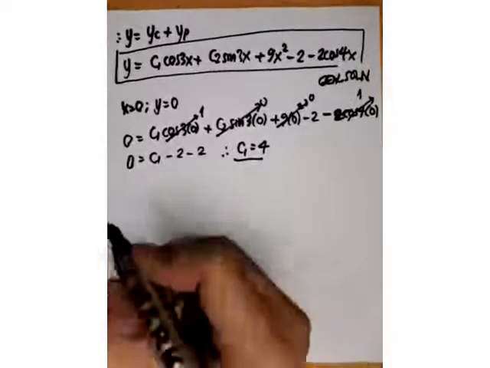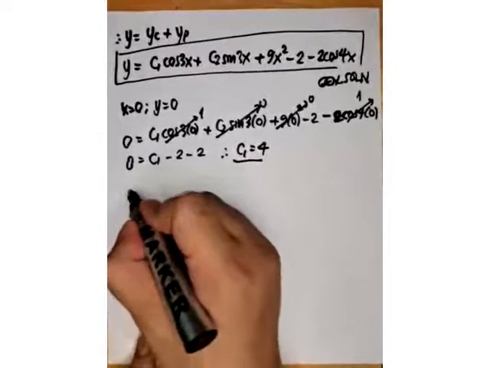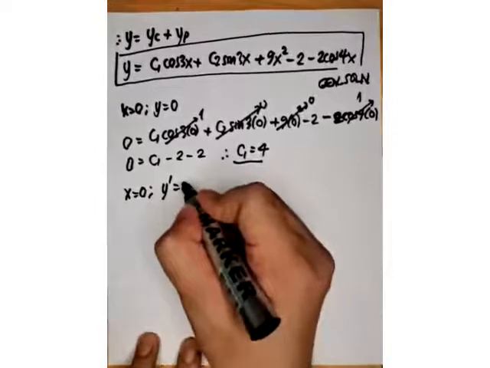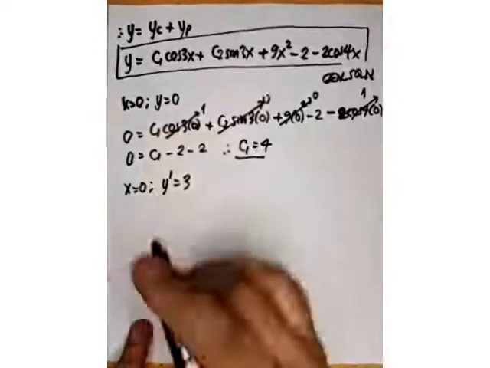Okay? Next. Next condition is when x is 0, y prime is equal to 3. So let's derive this.